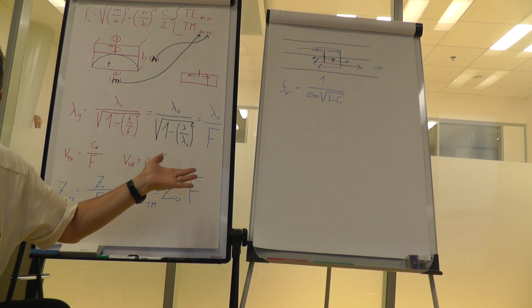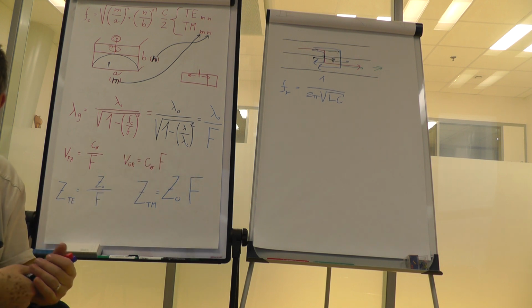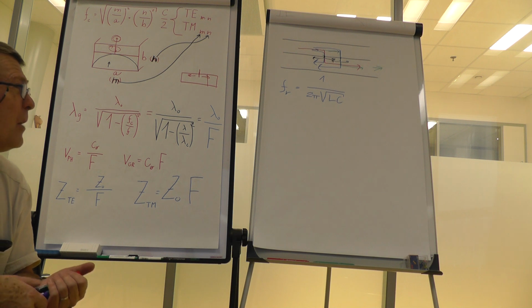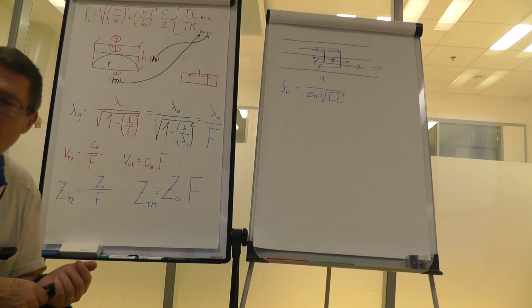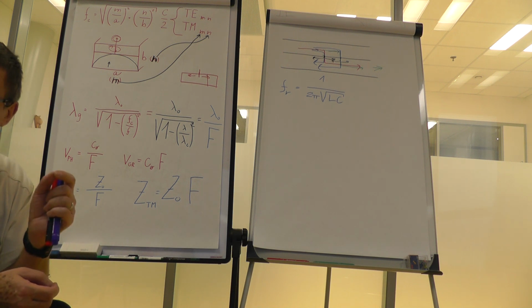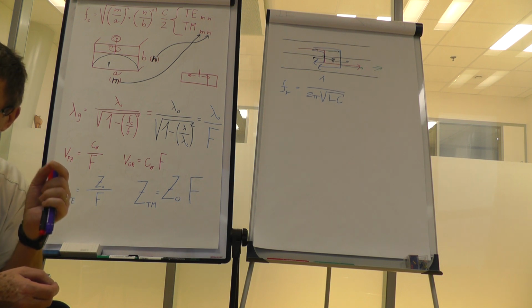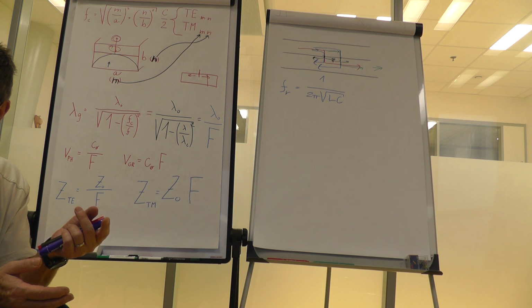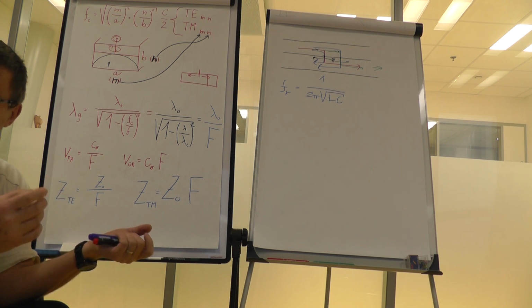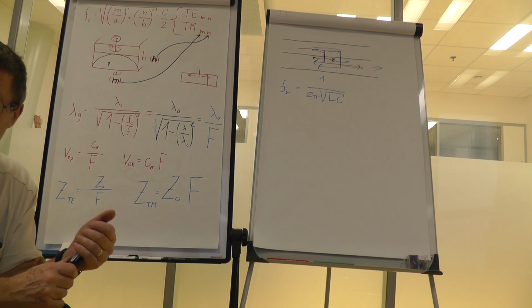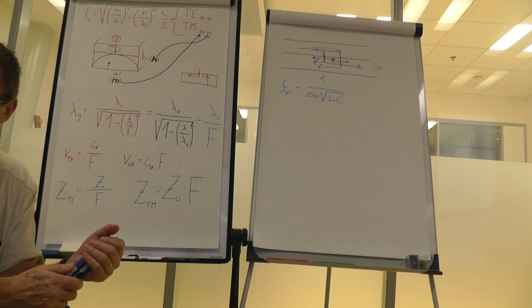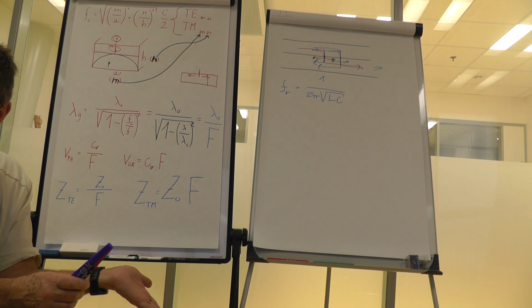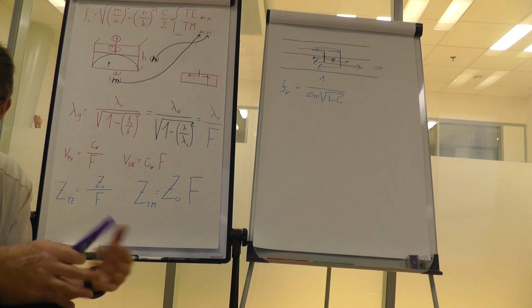There is some radiation, and the quality factor of such low inductors is very low. There are companies like Coilcraft that would sell you inductors of 1 or 2 nanohenries ready for surface-mounted devices. But you should bear in mind that the quality factor could be as low as 5. They can't do miracles.